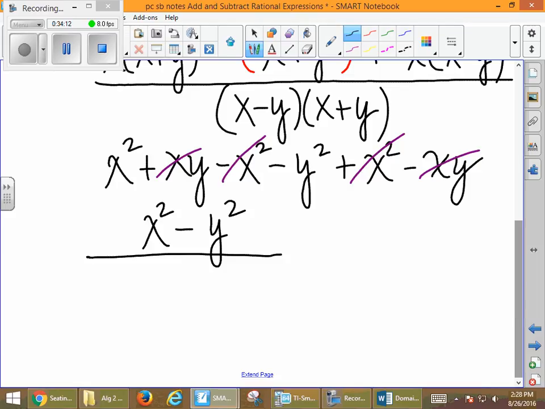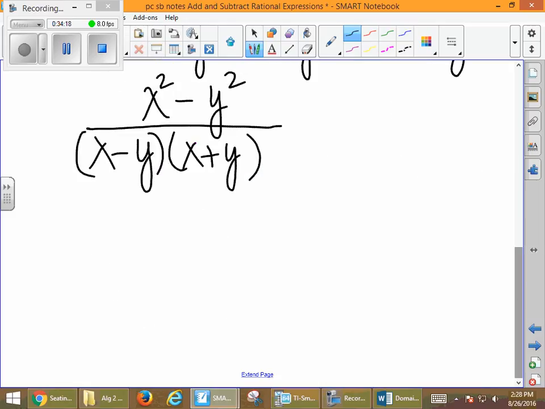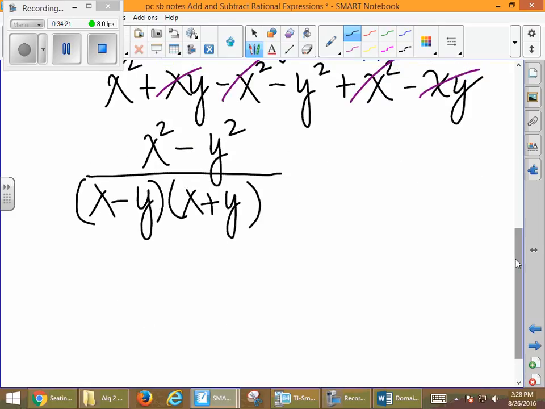And in our denominator, we have x minus y times x plus y. Can we factor any more to simplify? And our numerator is the difference between two squares. X times x. Y times y. Difference between two squares, different signs.